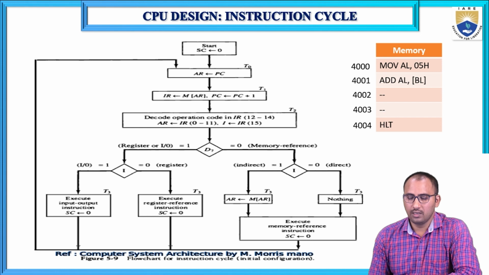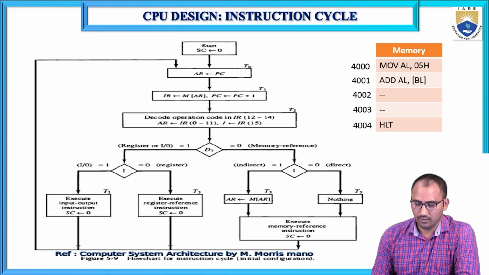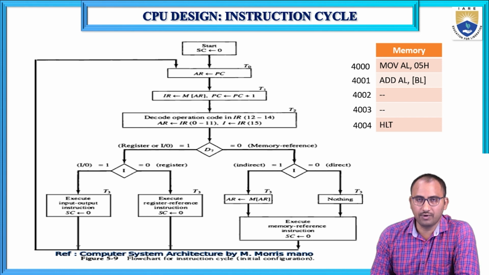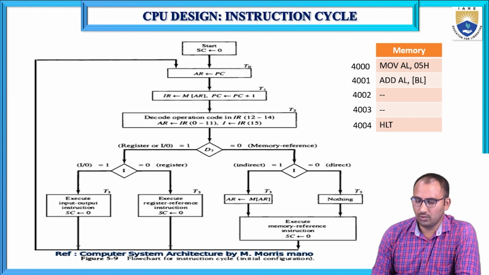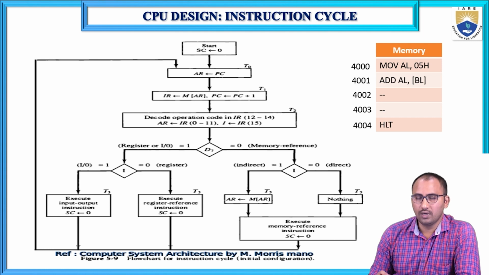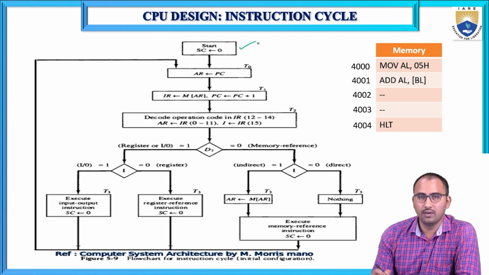And coming to the instruction cycle flowchart. We already know the instruction cycle has 4 phases: the fetch phase, the decode phase, reading the effective address from the memory, and the last phase, the execution. See here, using the sequence counter we generate the timing signals.